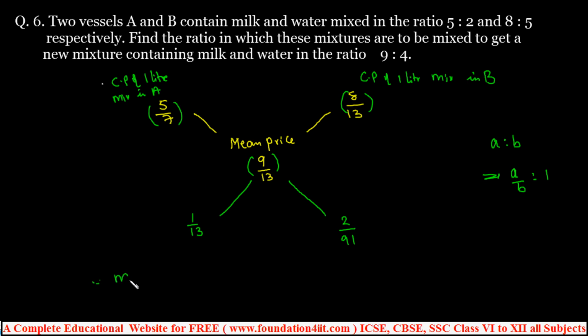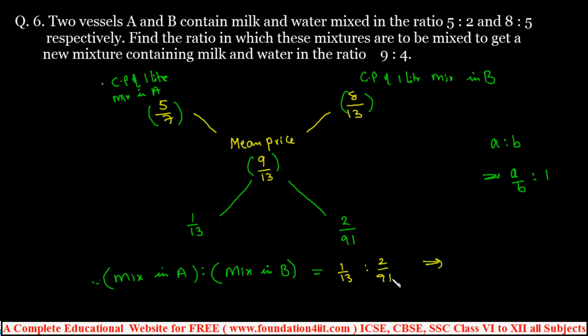So therefore, what you can write is the mixture in A is to the mixture in B in the ratio, according to the given values, 1 by 13 is to 2 by 91.